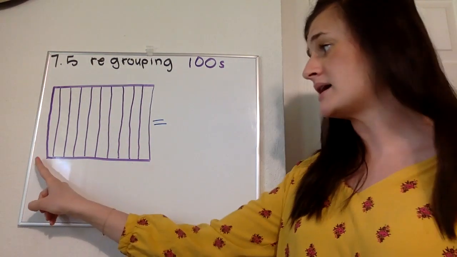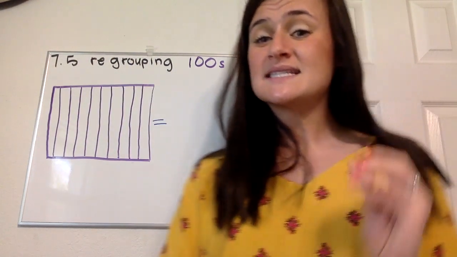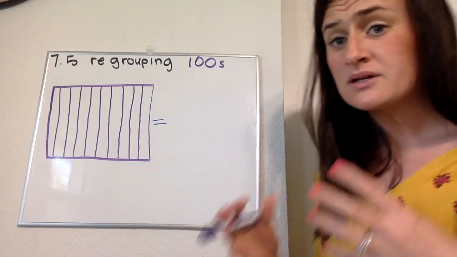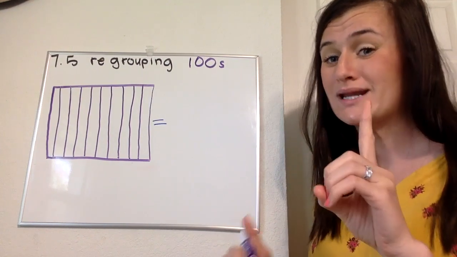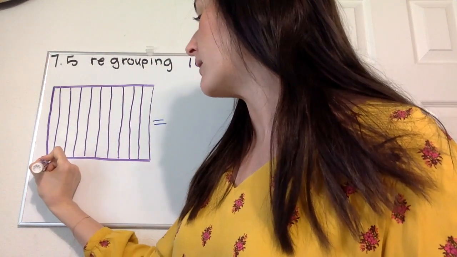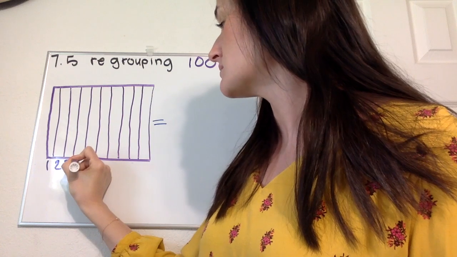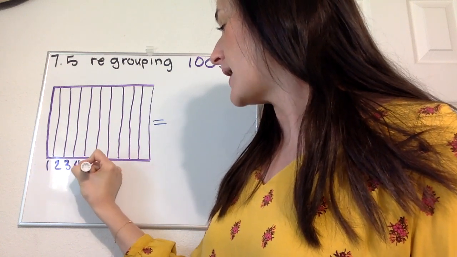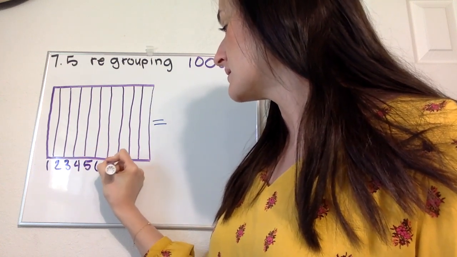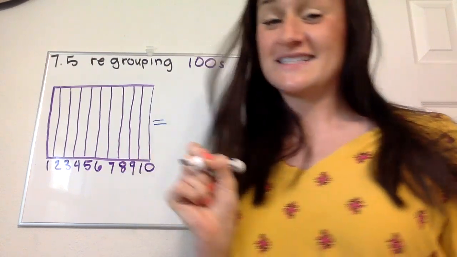Now, if we look at my hundreds block, you will see that I have 10 sticks in here. So 10 sticks makes 100. Let's count now. I have 1 ten, 2 tens, 3 tens, 4 tens, 5 tens, 6, 7, 8, 9, 10 sticks.